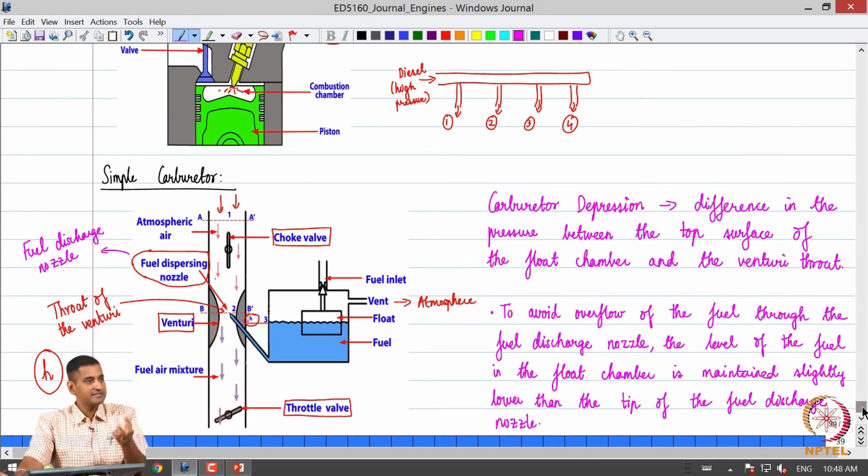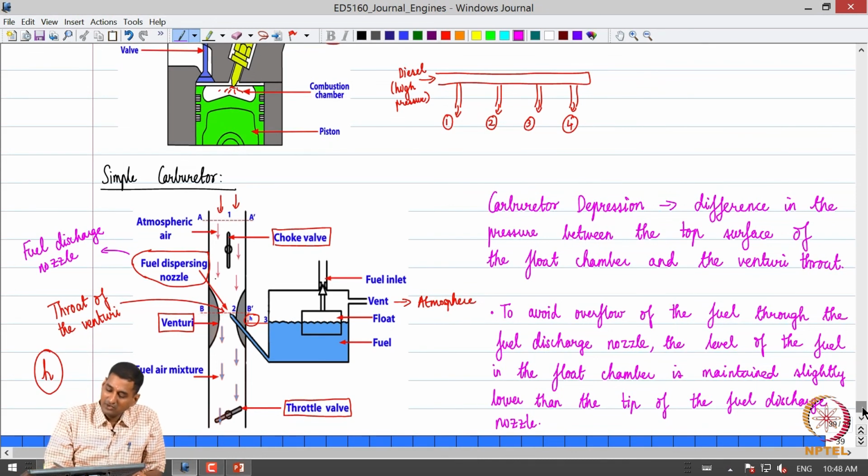As it goes through the venturi, there is a pressure drop and the speed of air increases, and due to the pressure drop at the venturi throat, fuel is essentially sucked from the float chamber depending on the amount of pressure drop, and the flowing air takes the fuel from the fuel discharge nozzle, atomizes this and takes it downstream, past the throttle valve to the intake pipe. So, that is what happens in this simple carburetor.